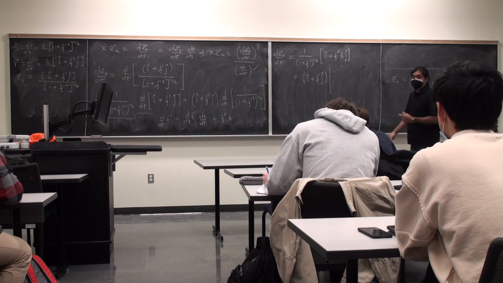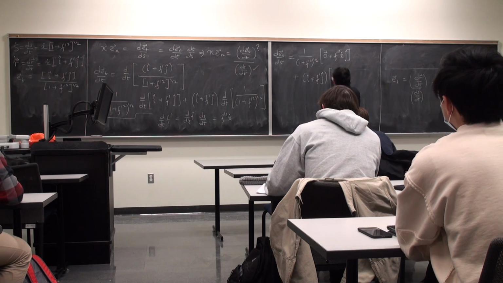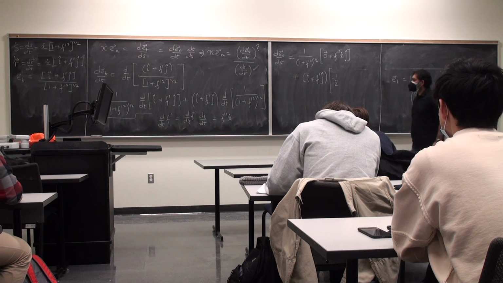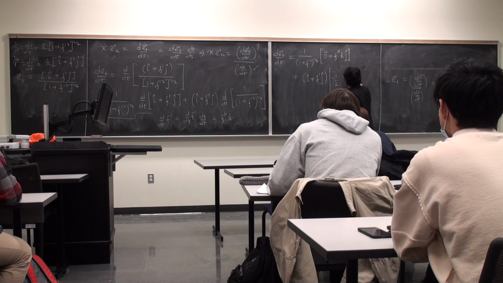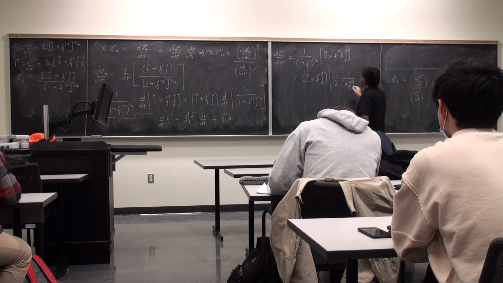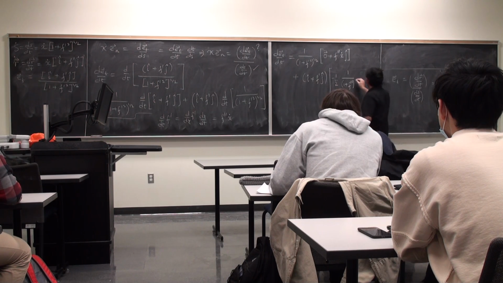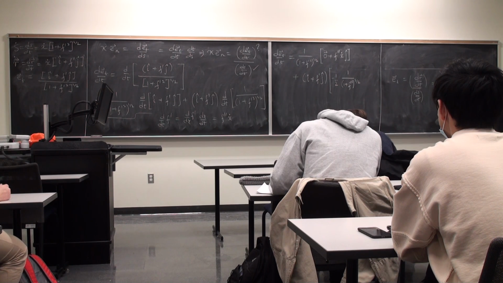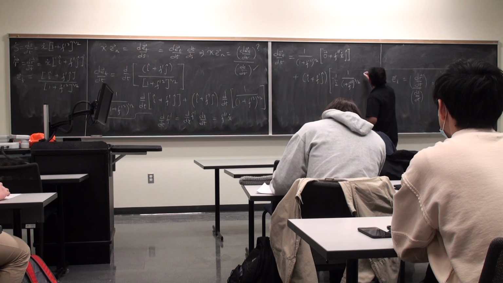So this is going to end up being the following. This is minus 1 by 2, it's just an exercise in differentiation. Minus 1 by 2, 1 by 1 plus f prime square. Minus 1 by 2 minus 1 is minus 3 by 2, so it comes to the denominator as 3 by 2.